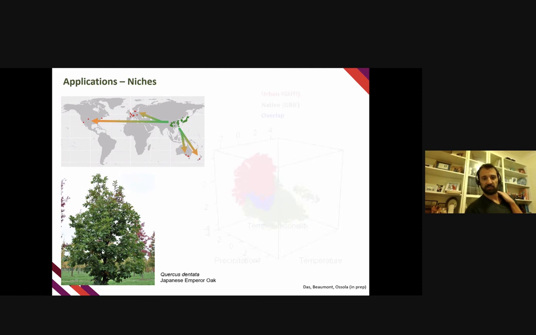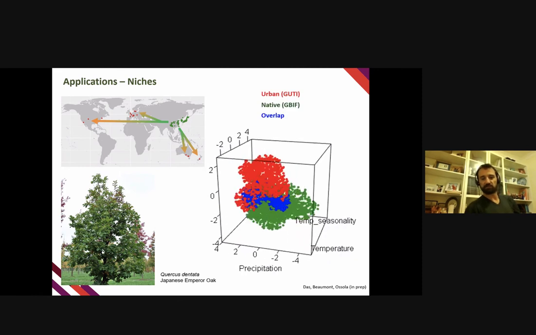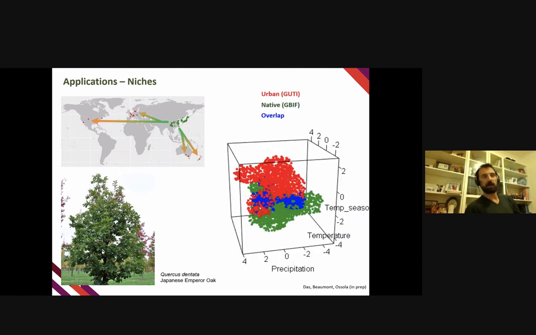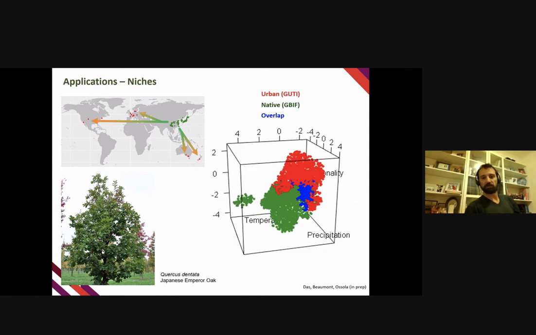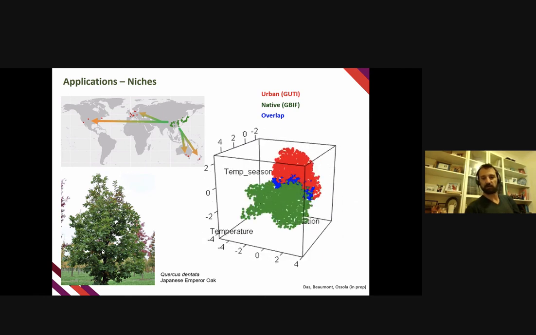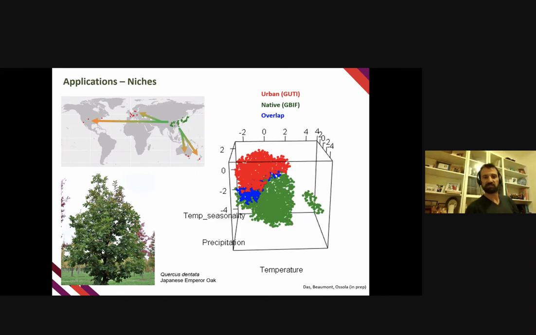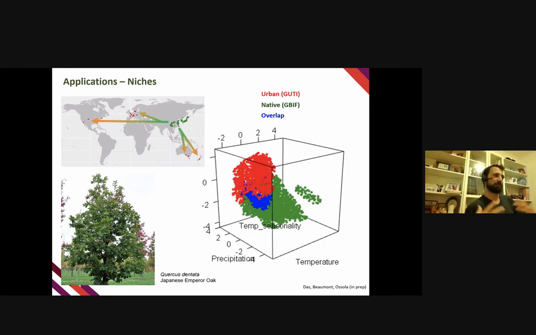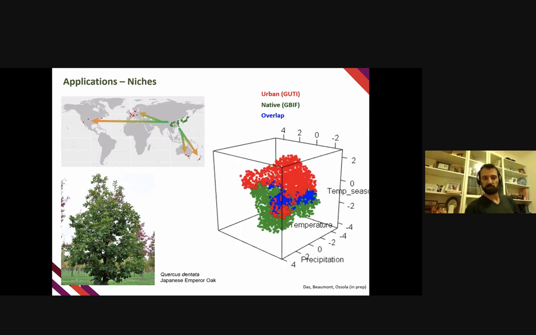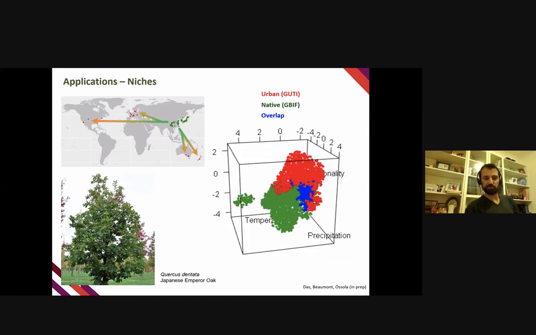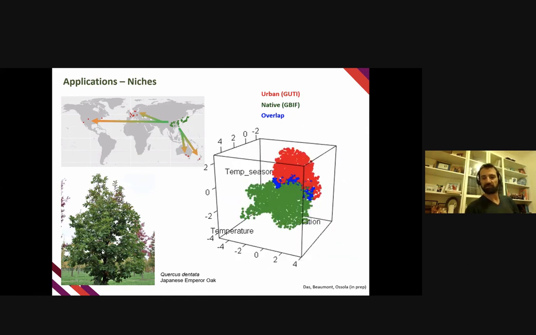As you can see here, Ronnie is now trying to model in a hypervolumetric space how urban records are expanding essentially the niche of different species based on a number of different factors, accounting for example for origin, the type of trees, and many other factors.